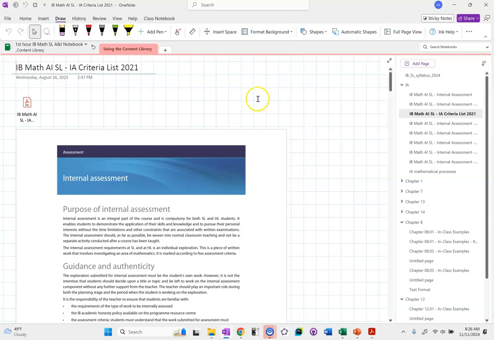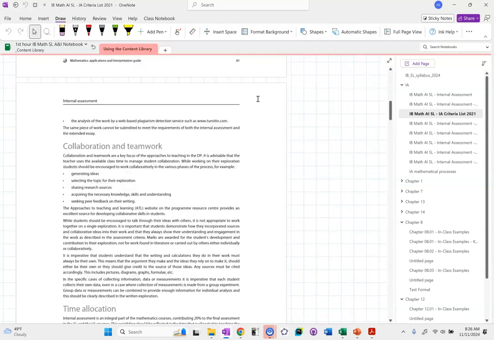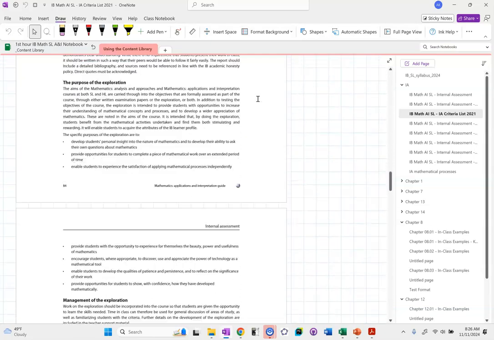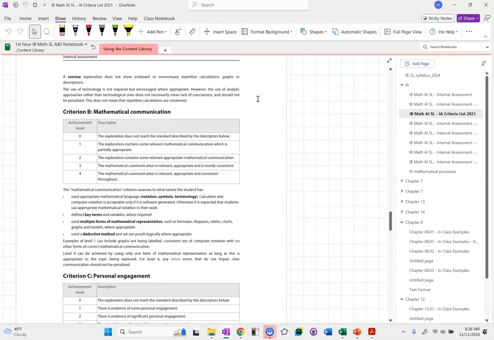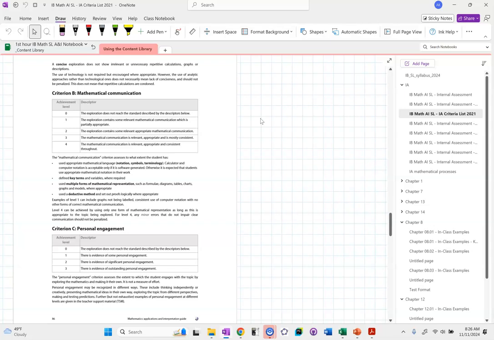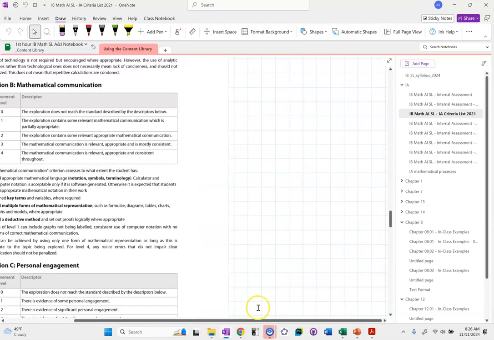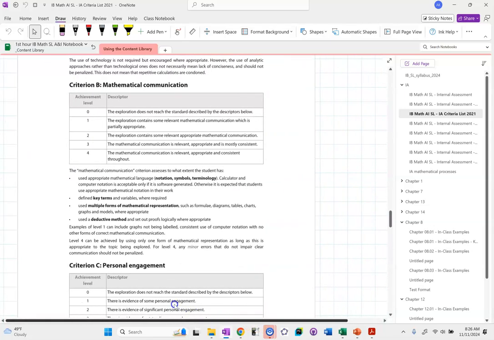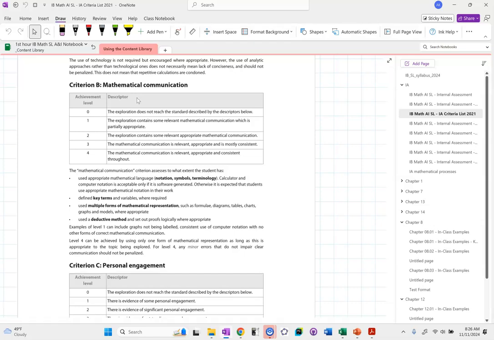Yeah. So before we talk about this, while you guys are getting your stuff out, I want to point out the criteria that are used to grade these. What we're going to be working on right now is the communication piece.